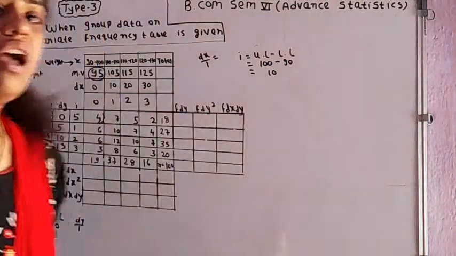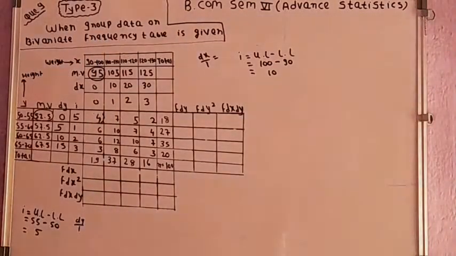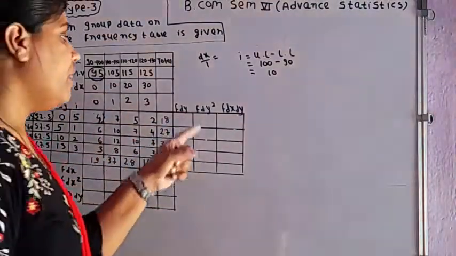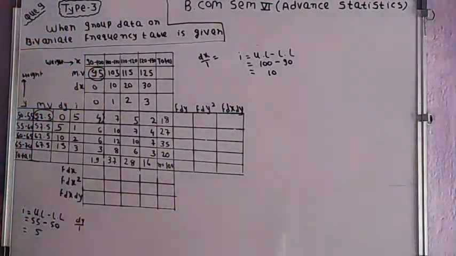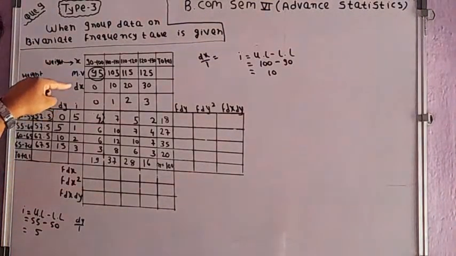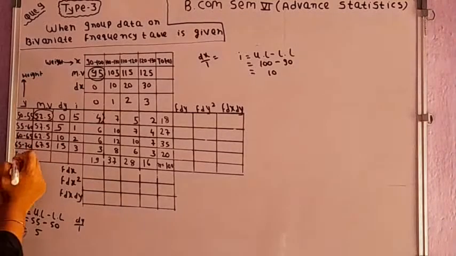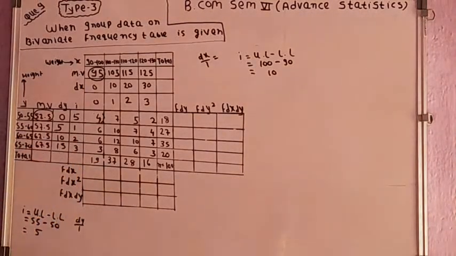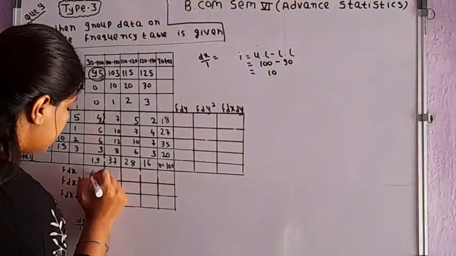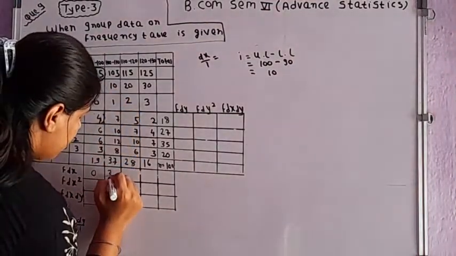Okay. Now what we have to do further? We have to compute this fdx, fdx square, fdy, fdy square and fdx dy. So for this, fdx means frequency into dx, and the simplest form of this dx is I. So we are going to do multiplication of this total column of frequency x and this I. So 19 into 0, 0. 37 into 1, 37.